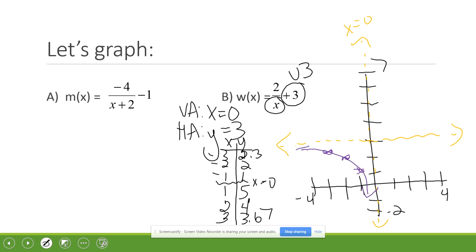So here's this curve. And then over on the other side, I have 1, 5, 2, 4, and 3, 3.67, and that graph.